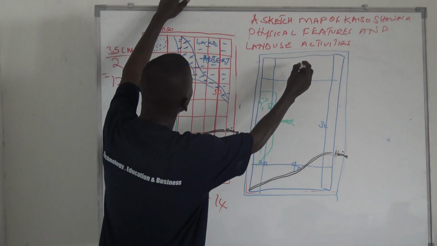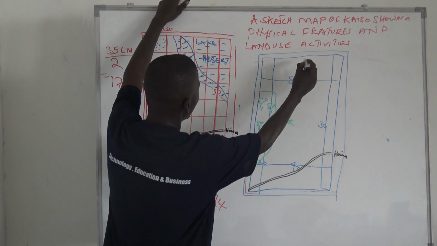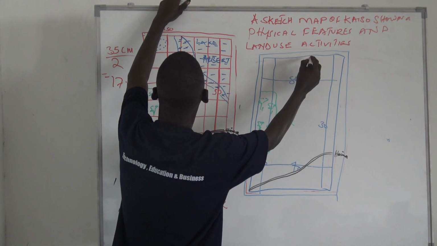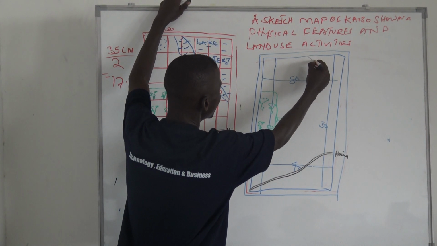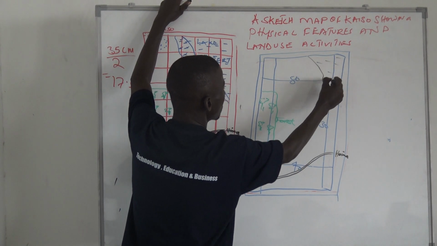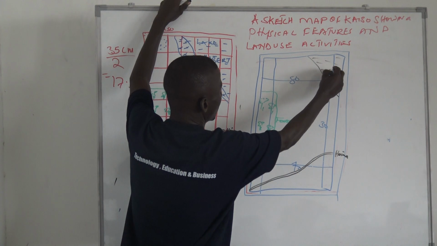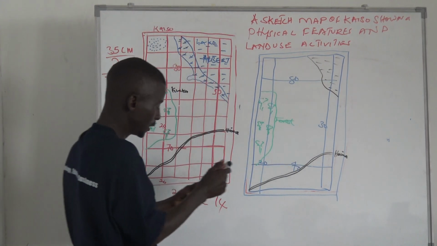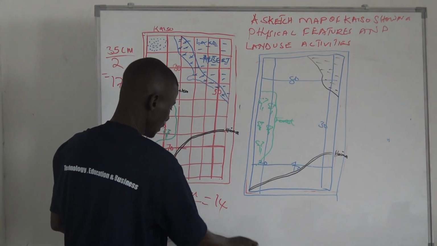Up here we have a lake, and this lake is called Lake Albert.